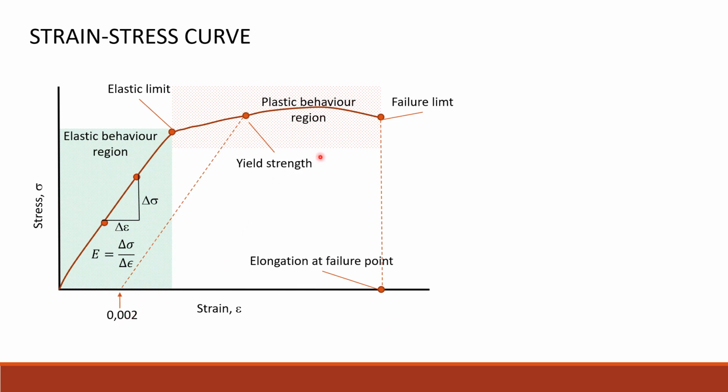Be careful, because these two names are different in English and Spanish. In Spanish, the elastic limit could be here, the límite elástico, but yield strength and elastic limit are not the same. Okay, that is the plastic behavior region, and here I have the failure limit. And this is the elongation at the failure point.